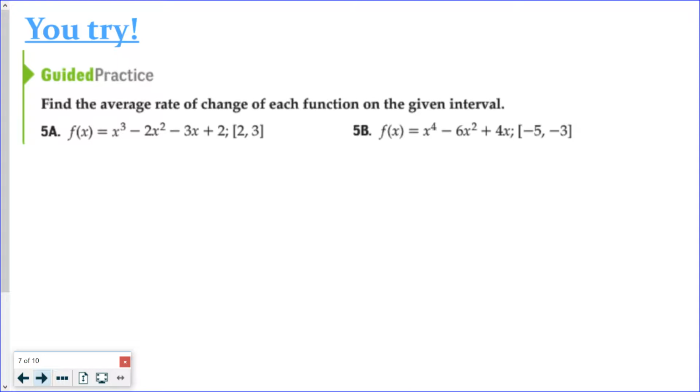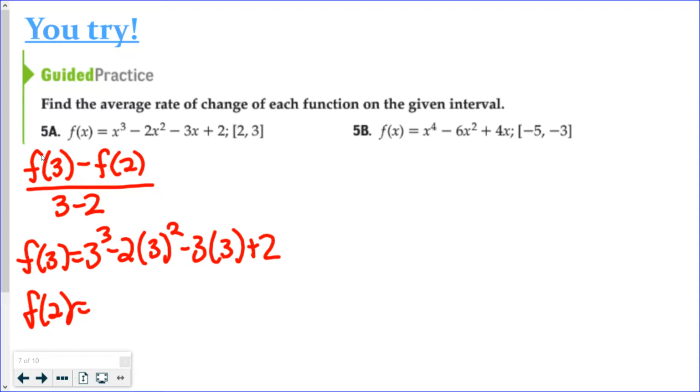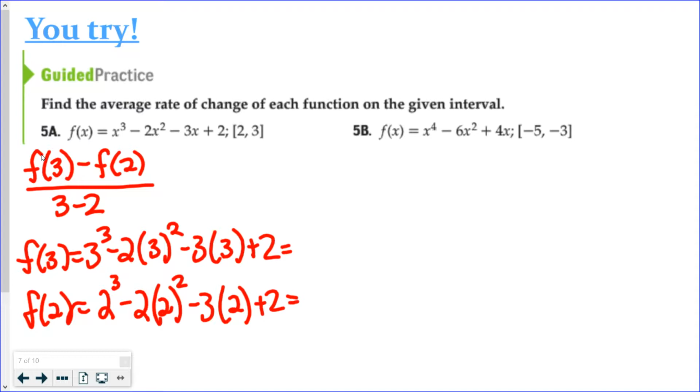So for 5a, I've got f of 3 minus f of 2 all over 3 minus 2. f of 3 would be 3 cubed minus 2 times 3 squared minus 3 times 3 plus 2. f of 2 would be 2 cubed minus 2 times 2 squared minus 3 times 2 plus 2. So let's put these guys into our calculator.